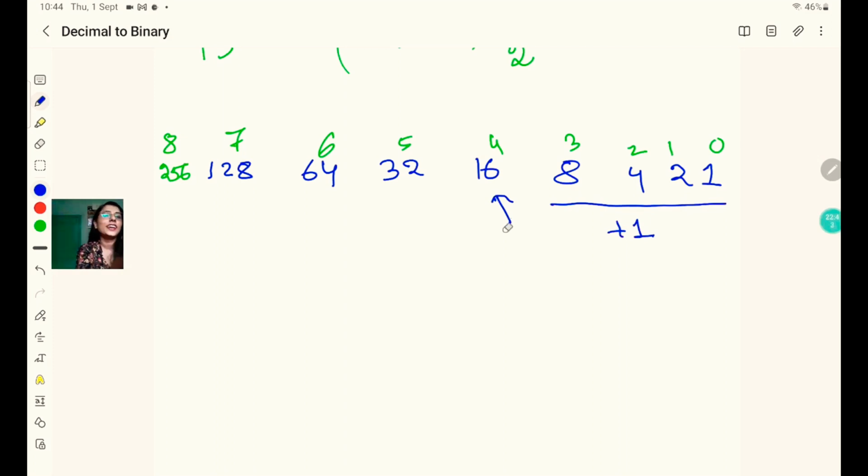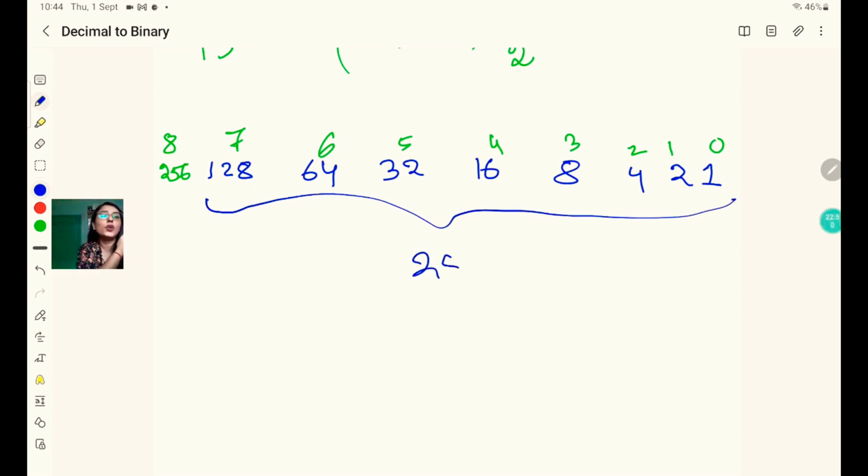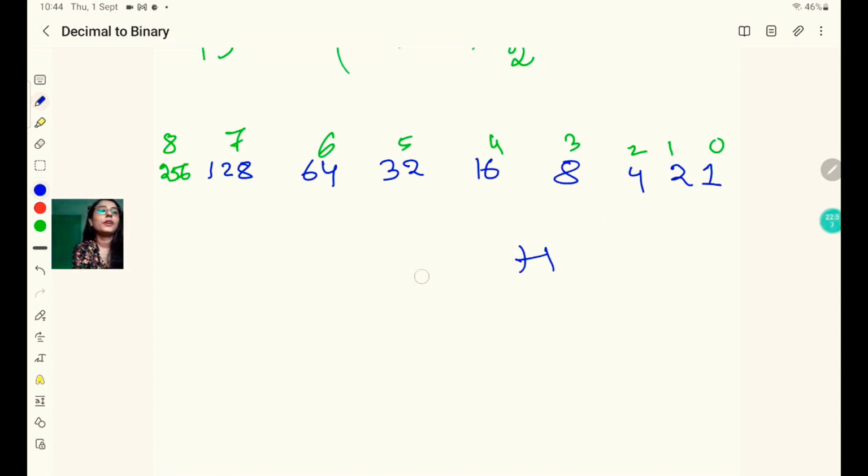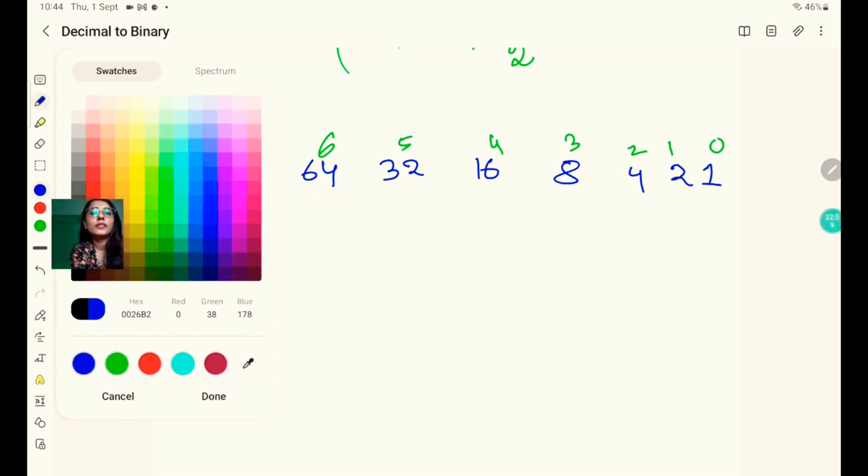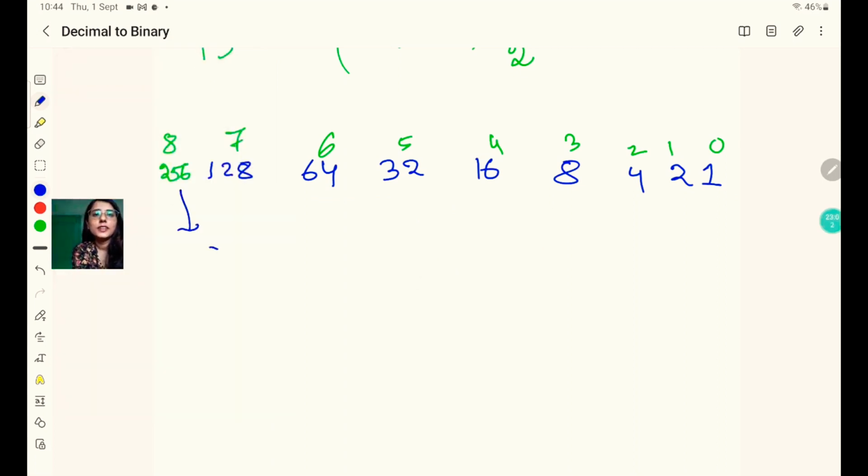So in this way, if we add these numbers totally, we get 255, plus 1, 256. So can you tell me which is the number of the 9th position from here? Very easily you can tell me. The number placed in the 9th position, which will it be? Think. Got it?